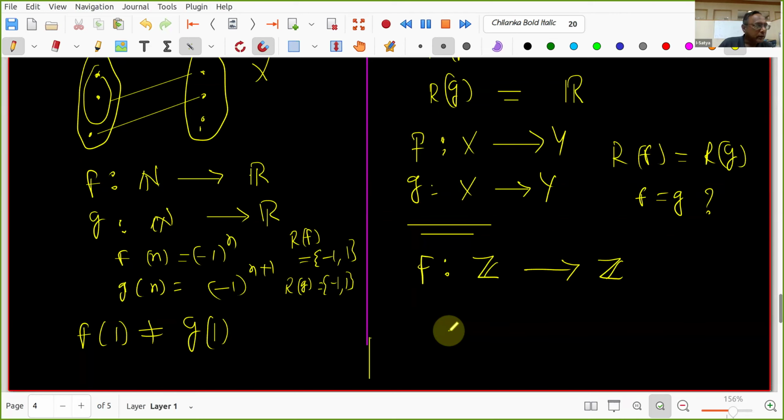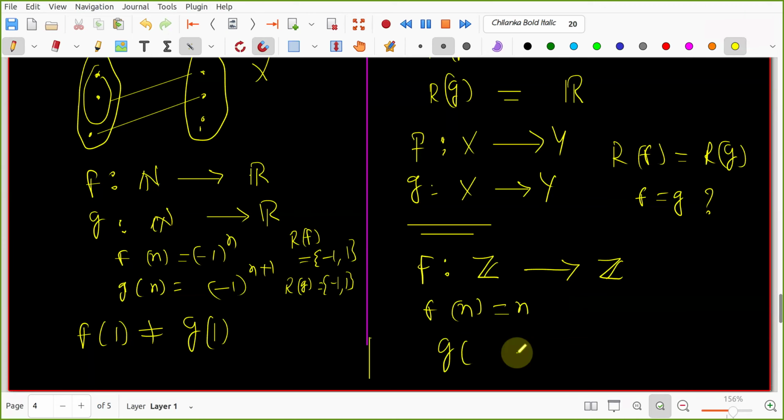Jasmine, can you give me at least two functions from Z to Z? f of n equal to n square, and g of n equal to n plus 10. What is the range of f?